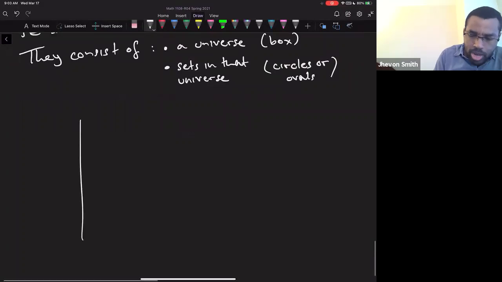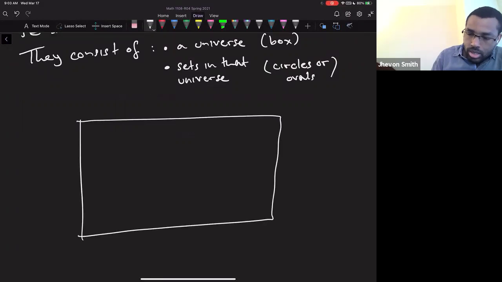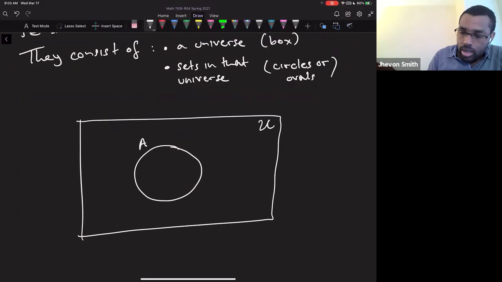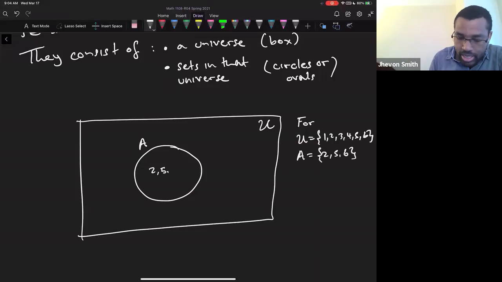So it looks like this. You have a box. Normally you write U in the corner. And you can think of a set as being like here, like the set A. So for my U equals 1, 2, 3, 4, 5, 6, and my A was 2, 5, 6, I can say, oh, there's 2, 5, and 6 in here, and then there's 1, 3, and 4 out here. And I can actually represent that by this picture.